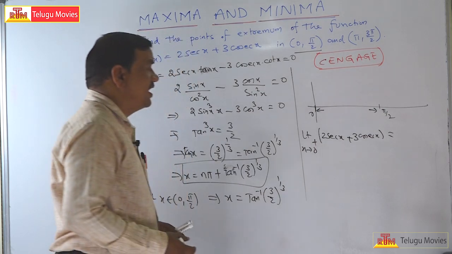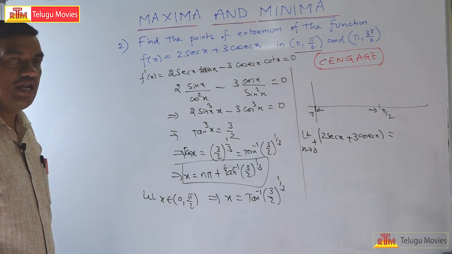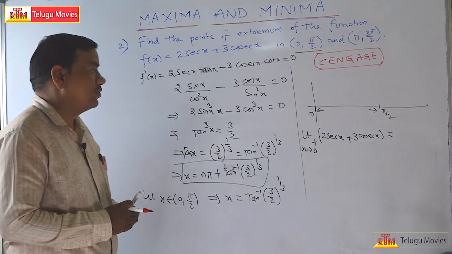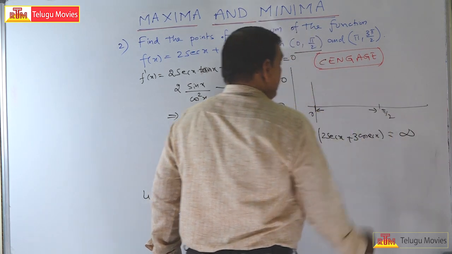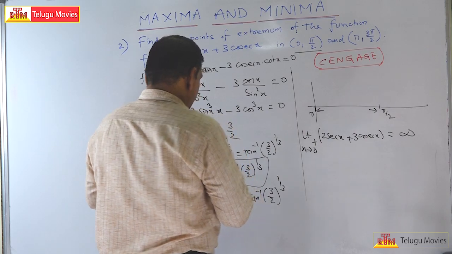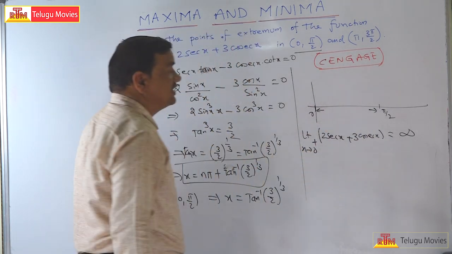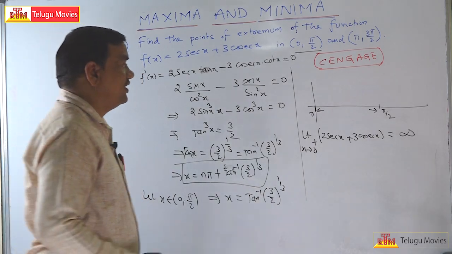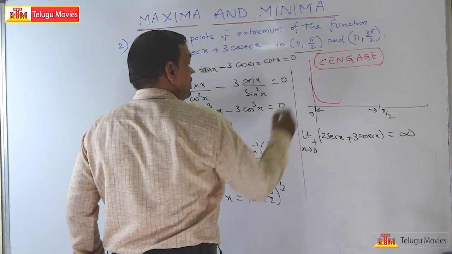As x approaches 0, this value approaches infinity. That means as x approaches 0, 2 secant x plus 3 cosecant x approaches infinity.